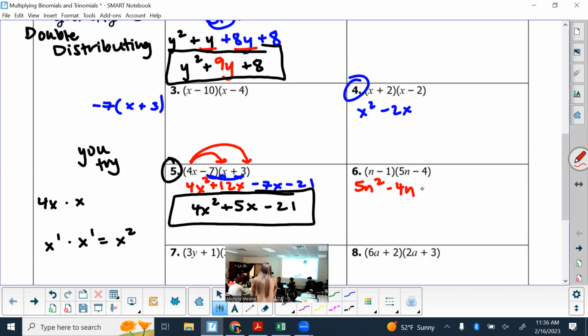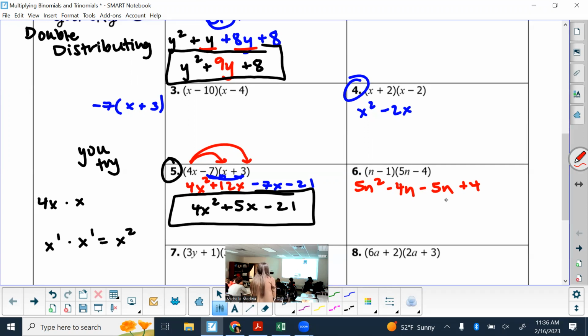Which gives me. Good, and then the last step. Which gives me. Close. Negative times the negative is a positive. All right, but otherwise very good.